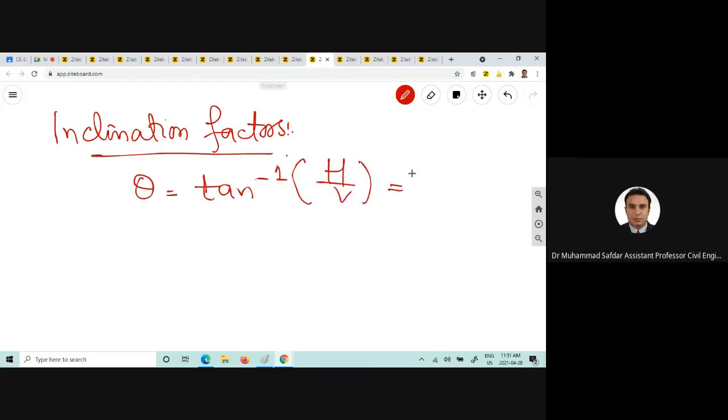And we will get the theta value, which is the inclination with the vertical load. Then we need to find out Ic, Iq, and I gamma.